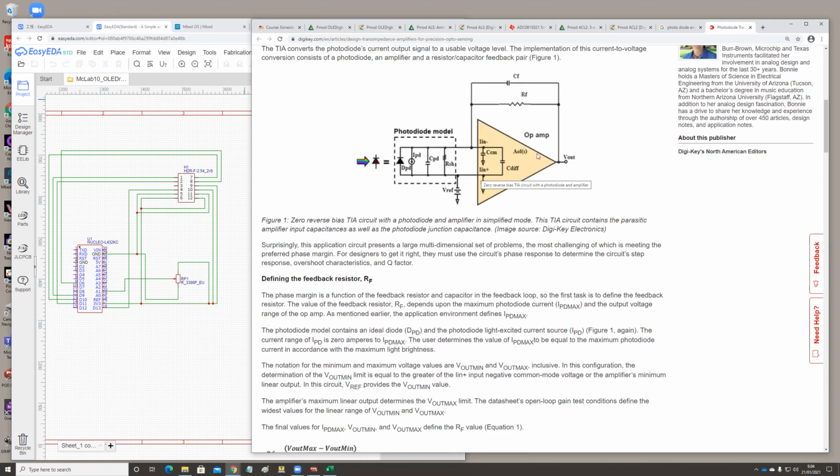And then the output goes to a voltage where the current through this resistor creates a voltage over the resistor, so that there is the output voltage on that side. And then this point here is at 0 volts, because the other input of the amplifier is also typically at 0 volts.